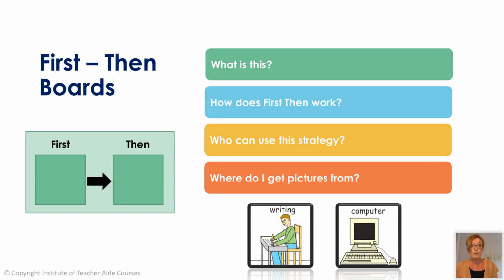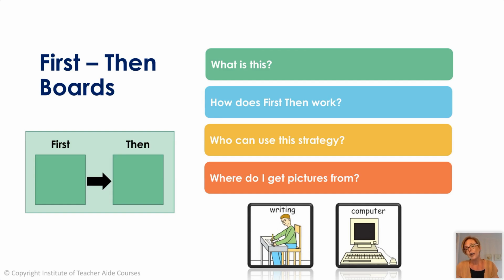Many students, not all, but many students on the spectrum have language and behaviour needs that respond really well to a first then board. A student with cognitive delays could also use a first then board, or a first then chart, because it's a simple schedule of what to do.